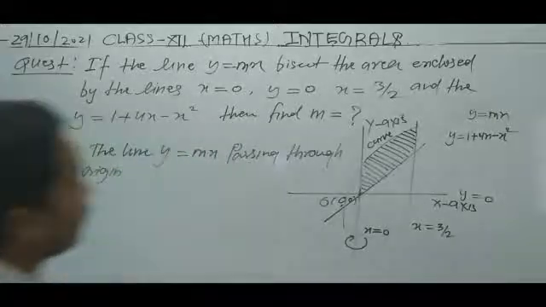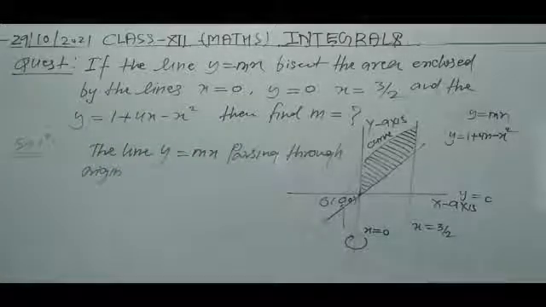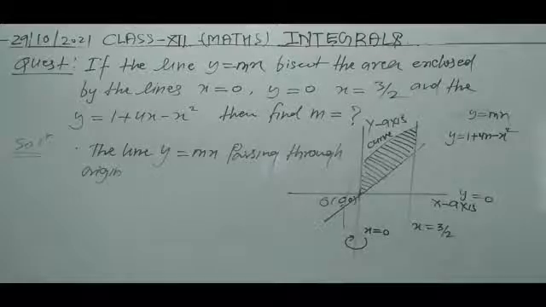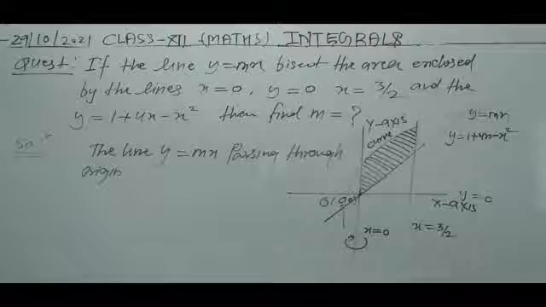Now we have to integrate the function y is equal to 1 plus 4x minus x square from 0 to 3 by 2, and then we have to subtract this part.